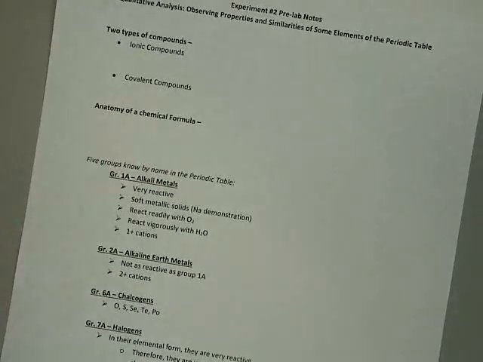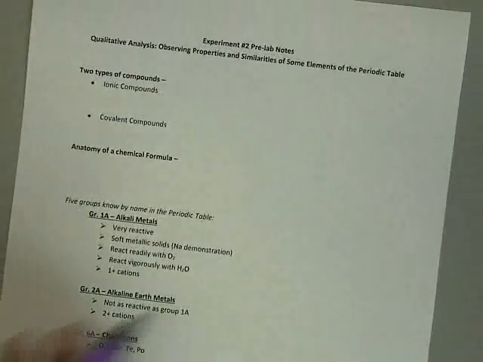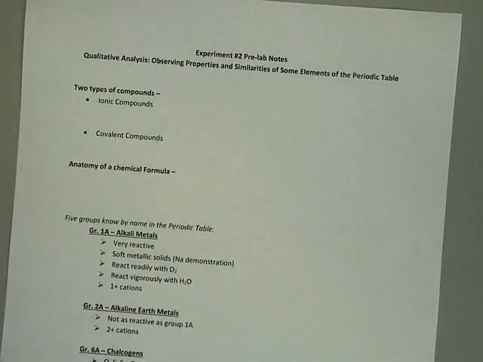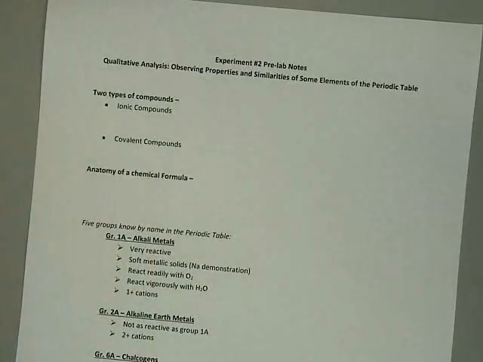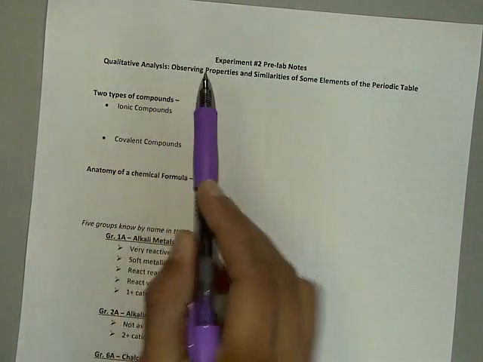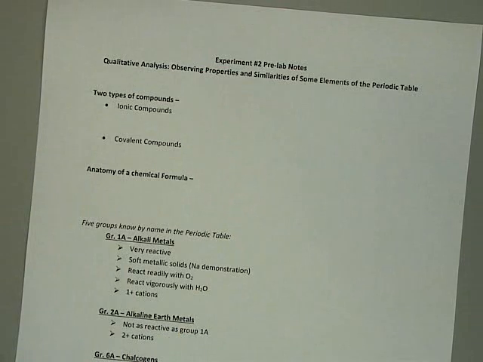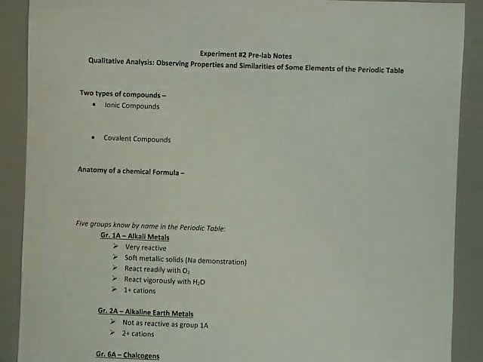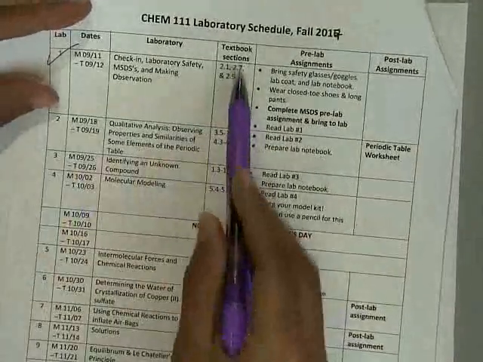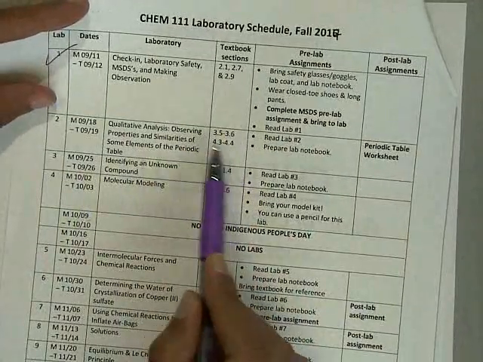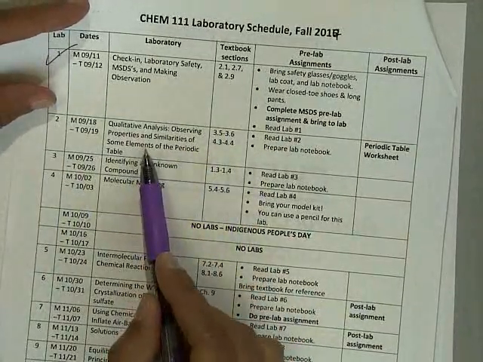So in this pre-lab lecture video, we're going to go over concepts that are necessary in order to complete experiment 2. So experiment 2 is titled Qualitative Analysis, Observing Properties and Similarities of Some Elements in the Periodic Table. As mentioned in the pre-lab lecture introduction video, each experiment has sections from your textbook that correspond to this given experiment.